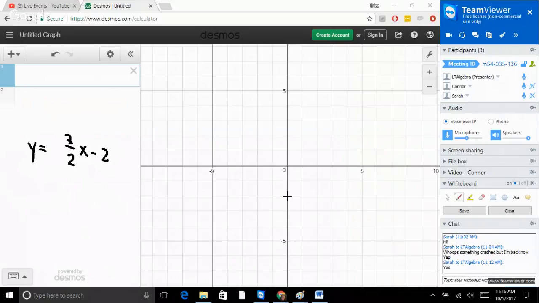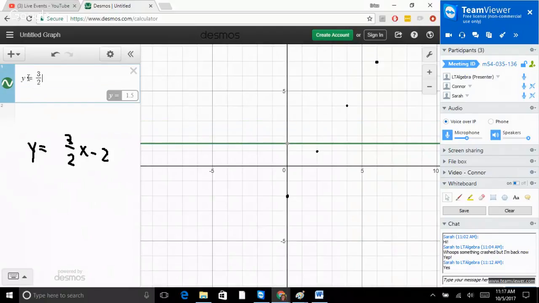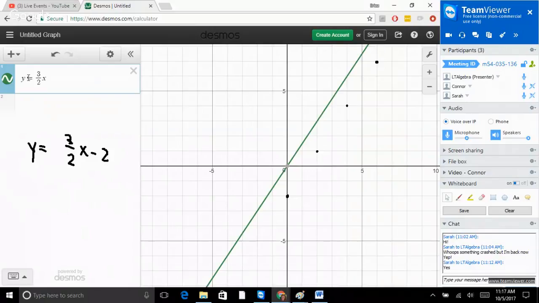And my slope is 3 over 2, so I rise 3, run 2, rise 3, run 2, rise 3, run 2. Then you can check y equals 3 over 2 times x minus 2. Ta-da! It's always nice when it works out, right?